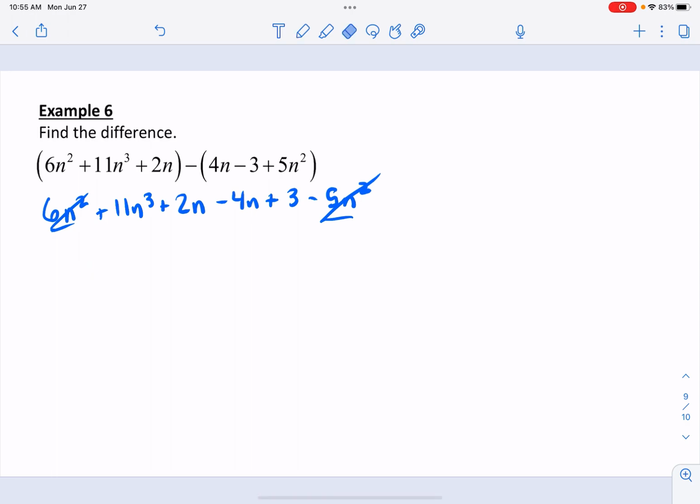Oh, I made a mistake. I didn't notice this 11n cubed term, and I have nothing to combine that with, so that just stands on its own. And then, because I want everything in standard form, I have my negative n squared, and then positive n squared. Man, get it together. Minus 2n plus 3.